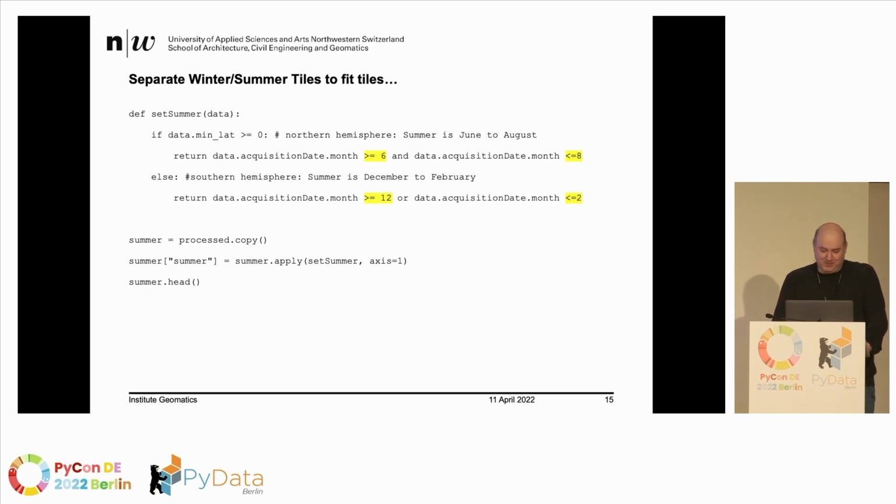To be perfect, I did that from December to February on the southern hemisphere. I mean, in Australia, you will not have much snow cover, so it doesn't really matter too much there, but still, I did it this way. And then we have all the scenes in the summer months.